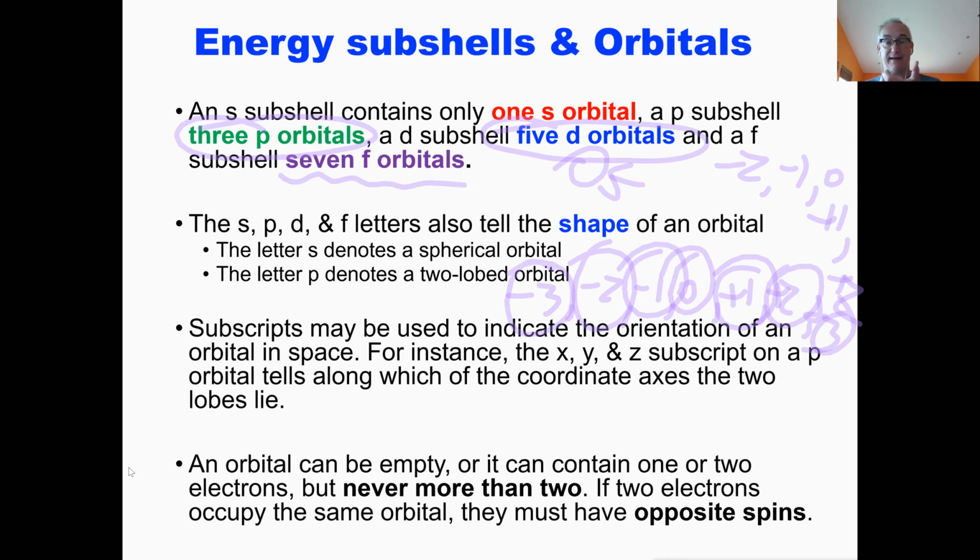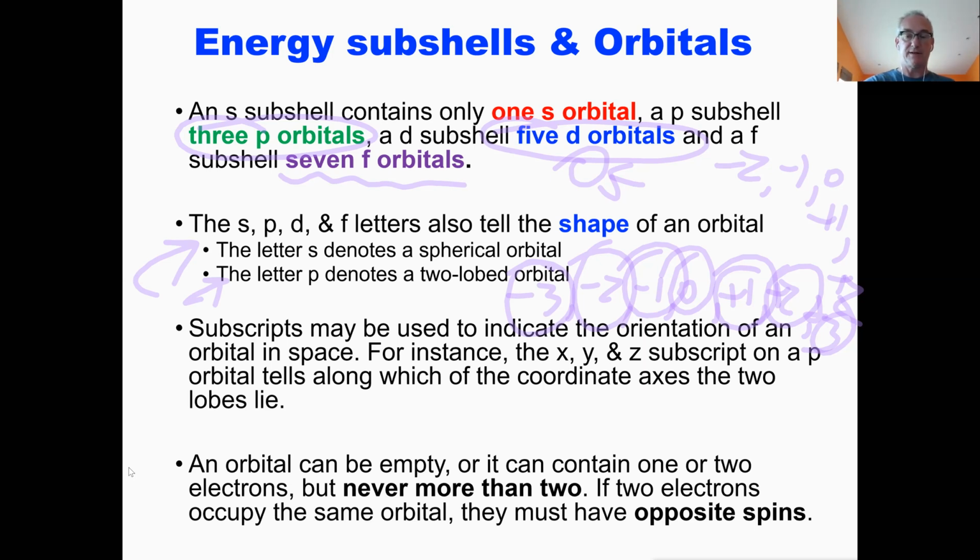Now, on top of that, it also tells you what shapes they are. And like I said, there's going to be some really twisted shapes coming up. So strap in. S is just a basic spherical orbital that we can picture. That makes sense. P is a 2-lobed orbital.